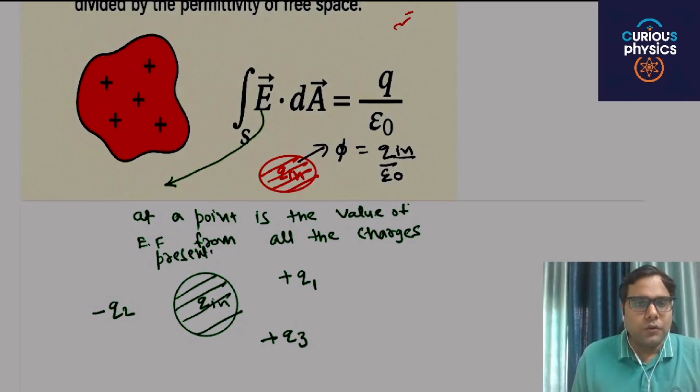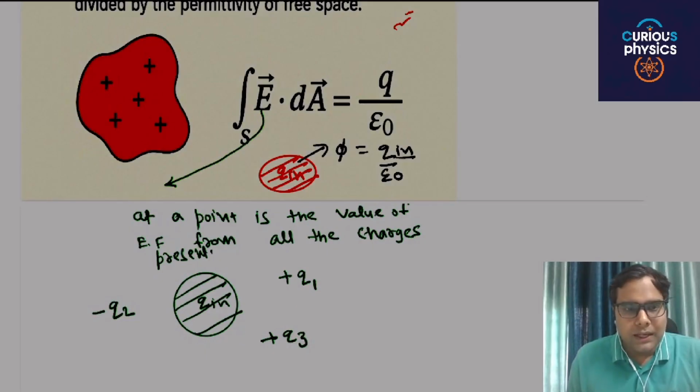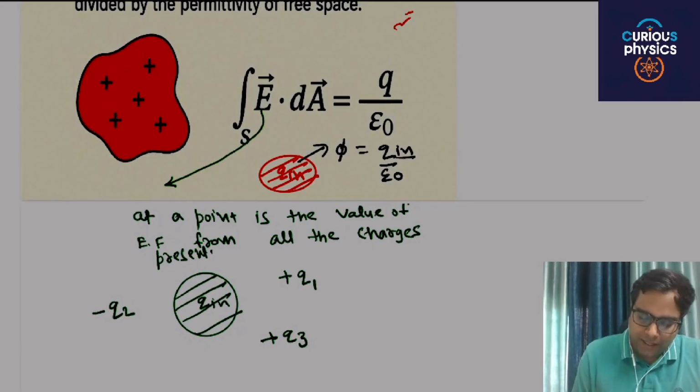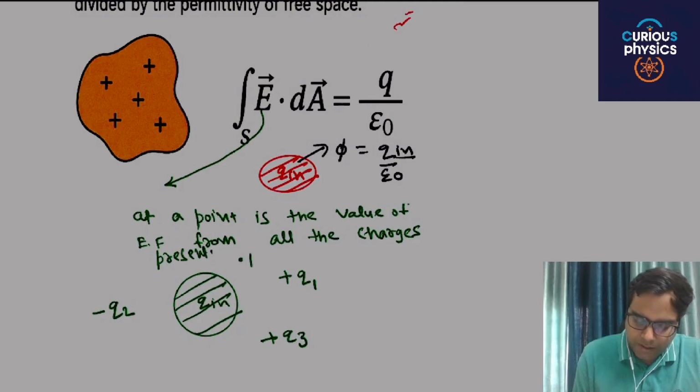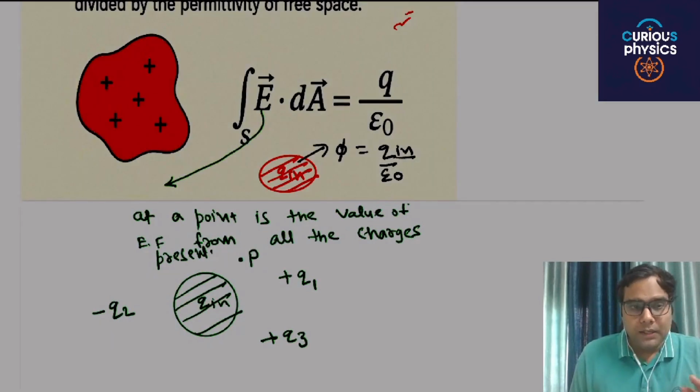If you want to find the electric field at any point P, or apply Gauss law at point P, then at point P you will define a Gaussian surface.